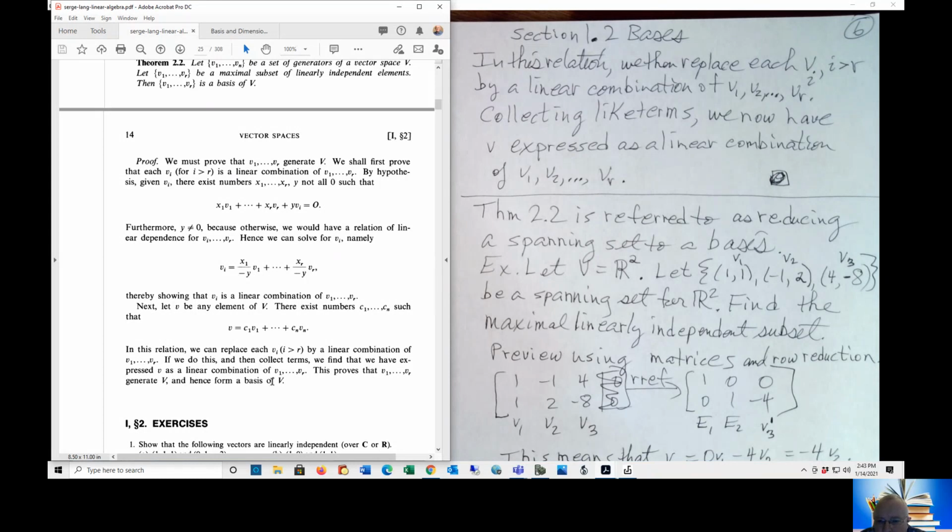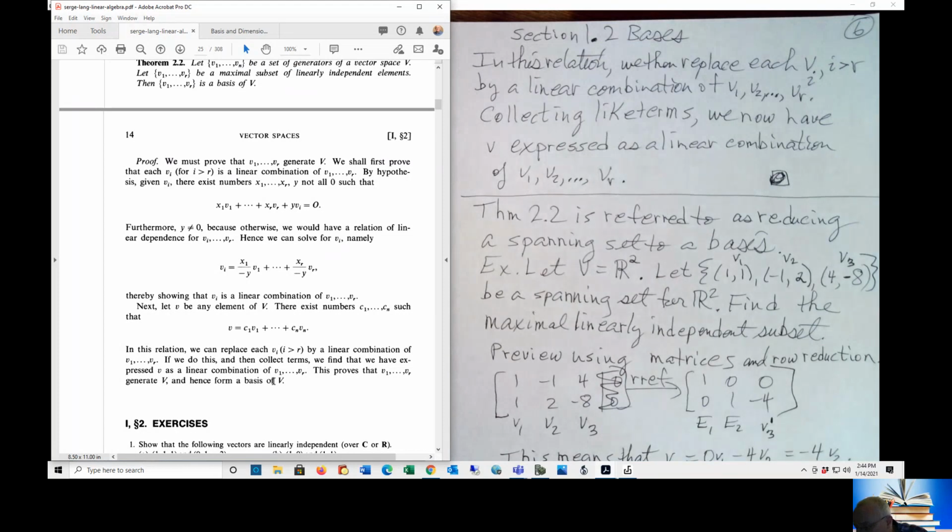And then once we've done that, we can rearrange and collect the like terms so that we now have the vector v expressed as a linear combination of v1 through v sub r.